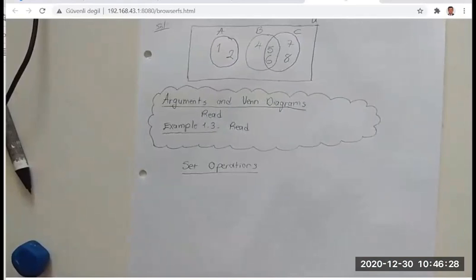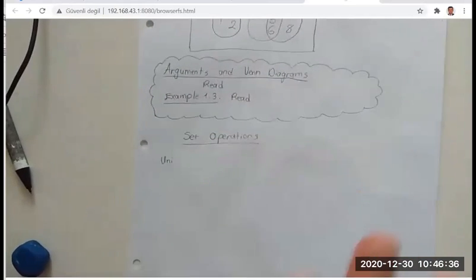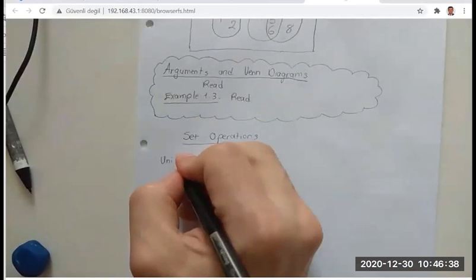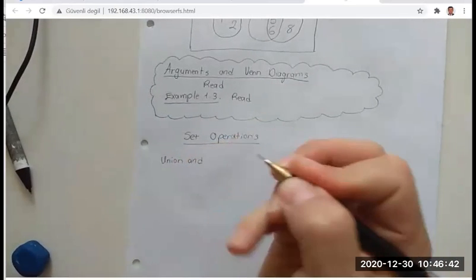Okay, there are the set operations as union and intersection.